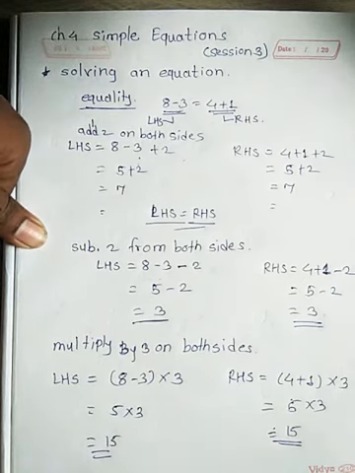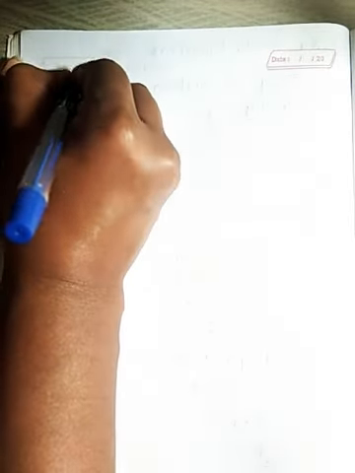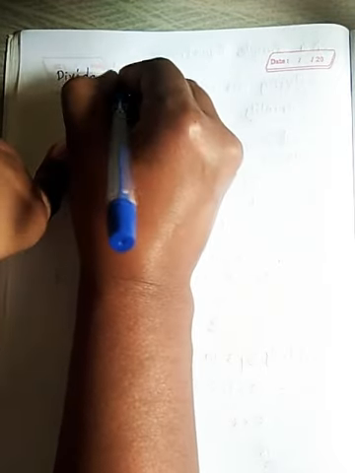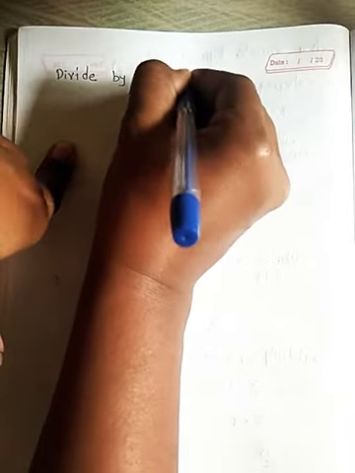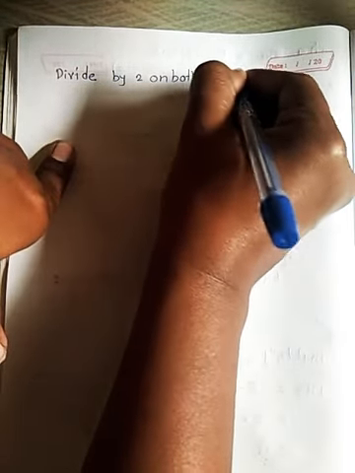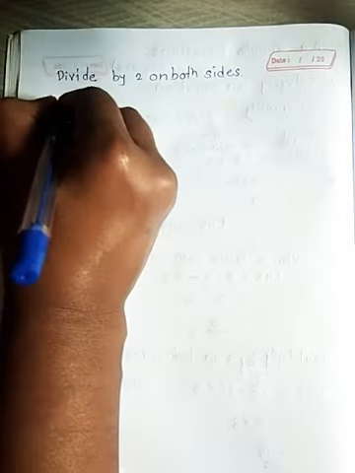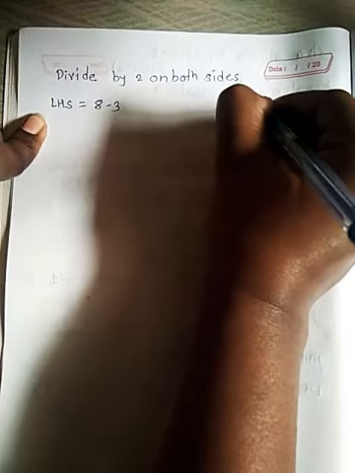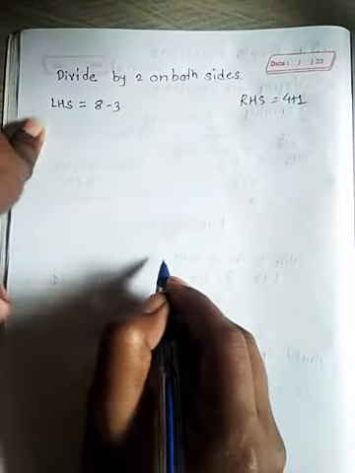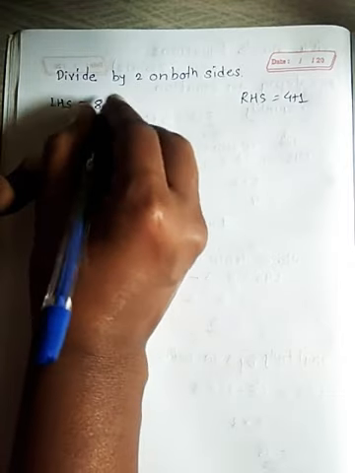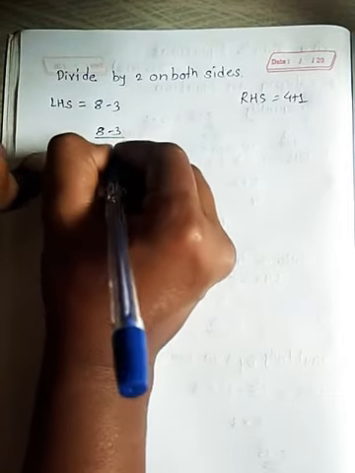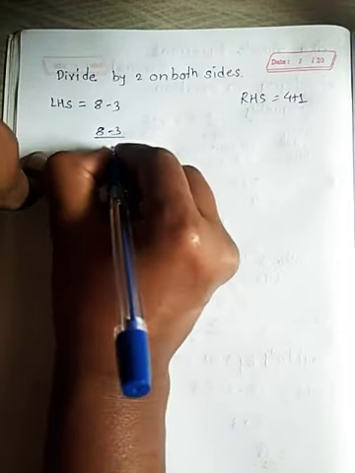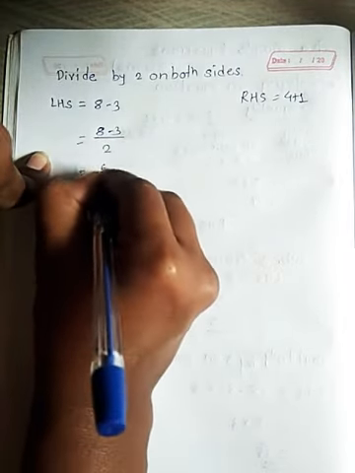Then for division, divide by 2 on both sides. LHS is 8 minus 3 and RHS is 4 plus 1. Now divide by 2. Then 8 minus 3 divided by 2 is 5 by 2.